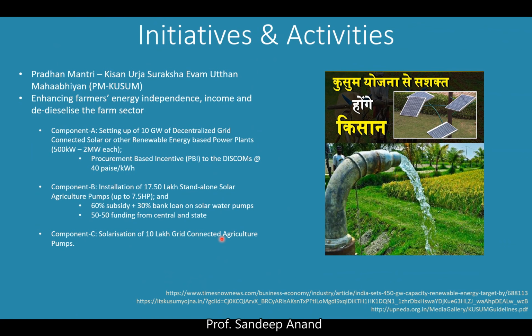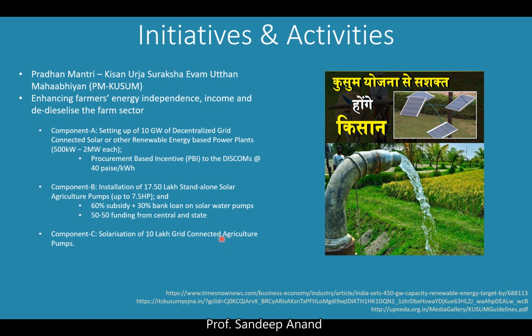So I have just picked three sample activities to show you, one from each segment. The first one is called Pradhan Mantri Kisan Urja Suraksha Evam Uttam Mahabhiyan, which has the abbreviation PM Kusum, right? This was a scheme mainly targeting farmers' energy independence and their income, and de-dieselization in the farm sector.